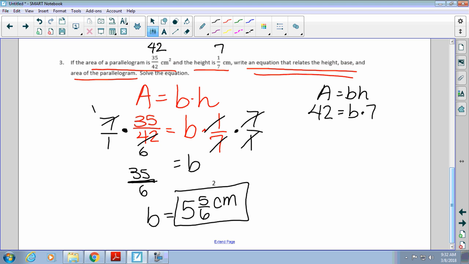If you wanted to solve it now, you would have no problem. You guys just did very well on this part of your test. You would divide each side by 7, right? And you would get the base equaling 6, right? You guys would solve that in about 3 seconds and be really good with it. It's because of the fractions where you guys are getting really lost with this. It's because you're rusty with the fractions, okay? We got to try to dust that rust off. I don't know if you can dust rust off, but anyway.